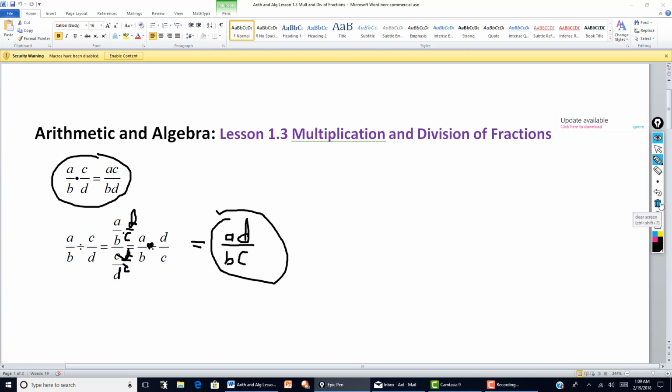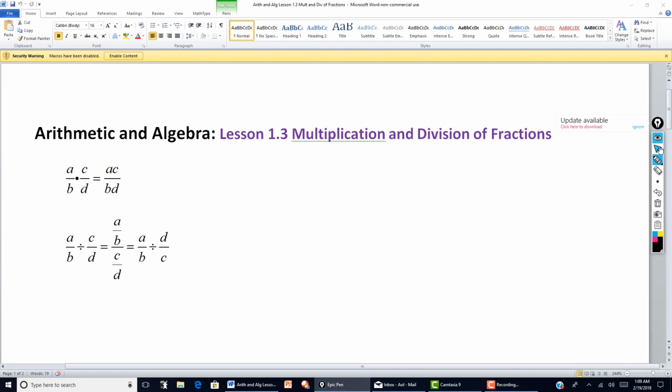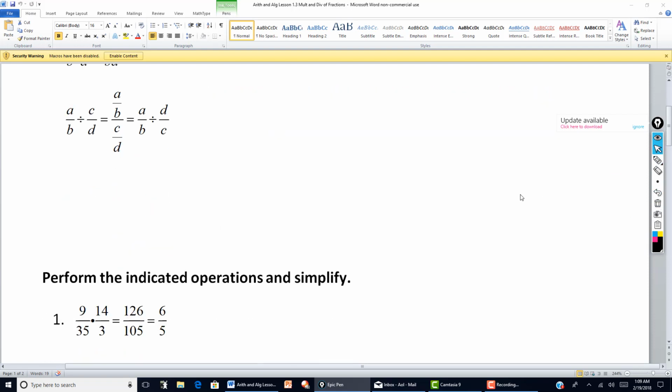Okay, so now let's look at some with actual numbers. Perform the indicated operations and simplify. So remember, simplify means you want your answer to be in simplest form or reduced form. Okay, so here I have 9 over 35 times 14 over 3.